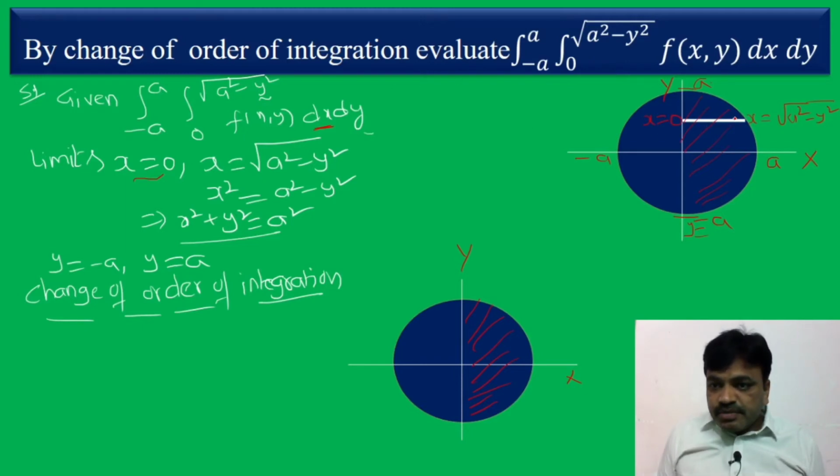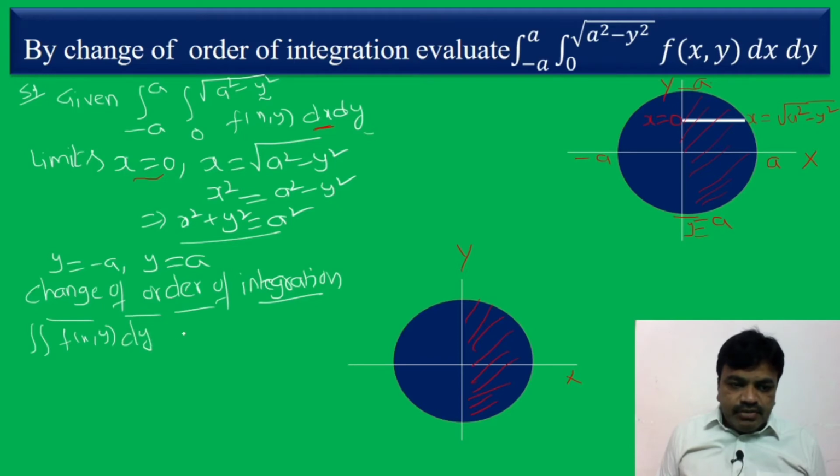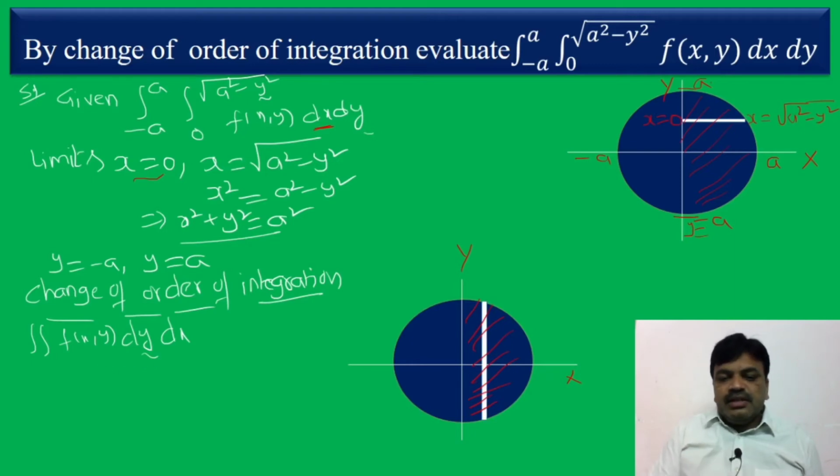A vertical strip, because when we change the order, the double integral of f of x y is written first with dy and then dx. Whenever we write dy, we take a vertical strip. So this is the vertical strip.